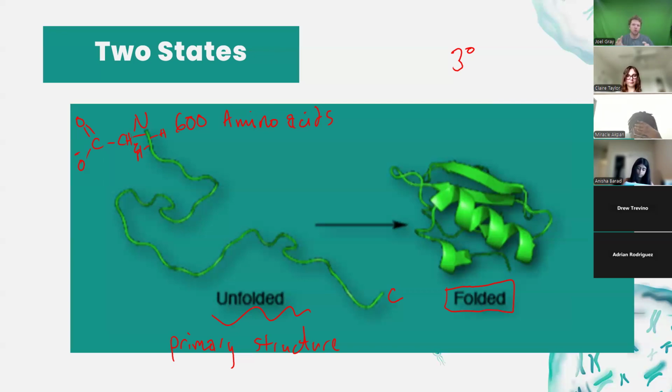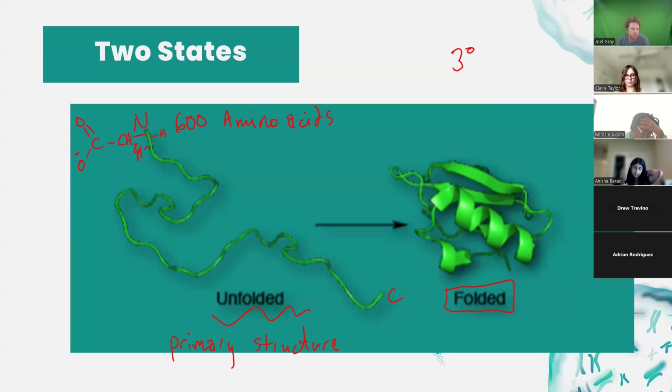But that folded shape is going to be dictated by R group interactions, hydrogen bonding, how those different amino acid R groups interact with one another.